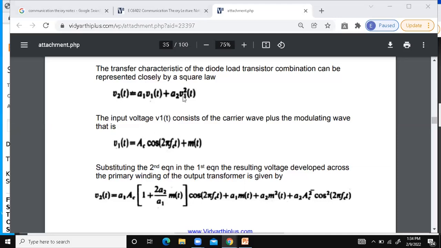Let's start from here. V1 squared. So we're going to square this. So we're going to get A_C squared cos squared of 2 pi f_c t, right?